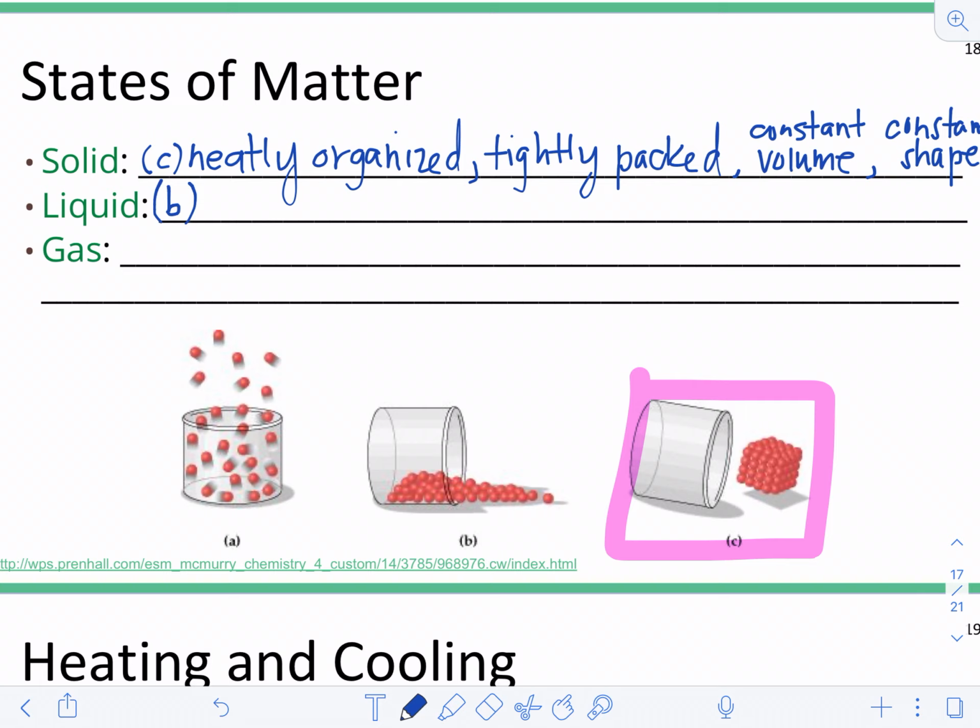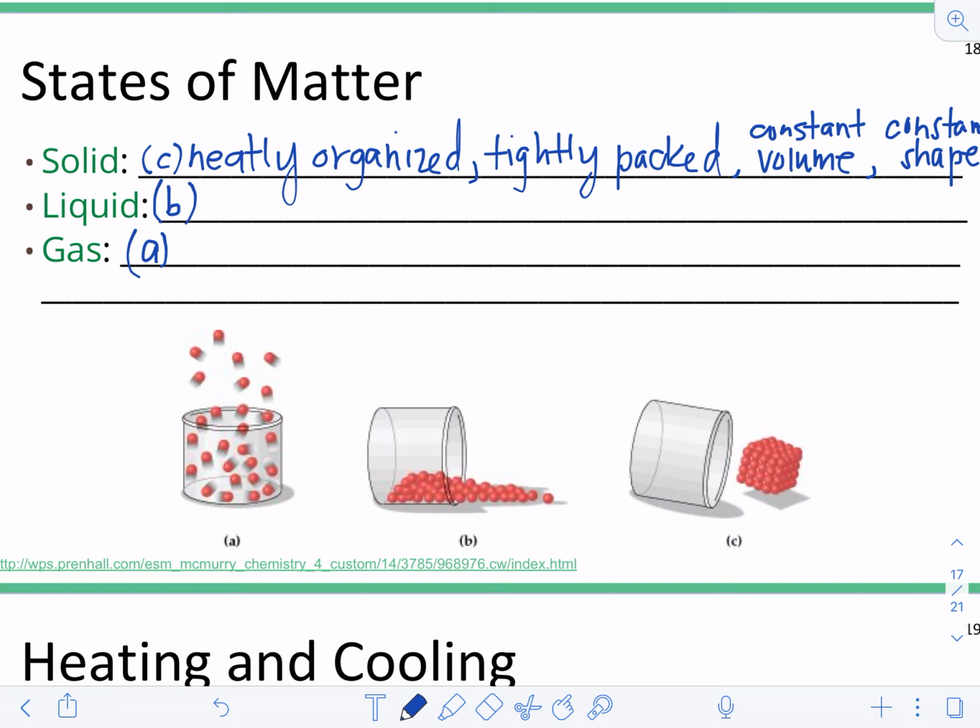You can see that the particles are still tightly packed, but not quite as close as the solid. They're the intermediate: not as far apart as the gas, which is A, but not as close together as a solid. They're not neatly organized. Those particles are kind of on top of each other, moving past each other.